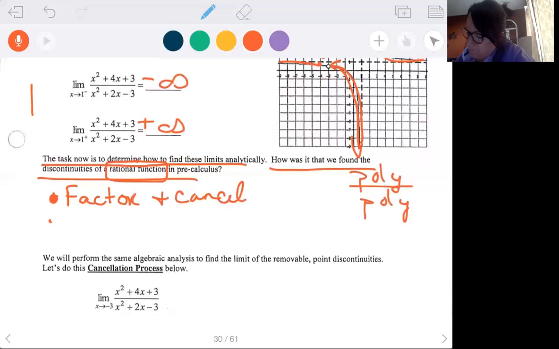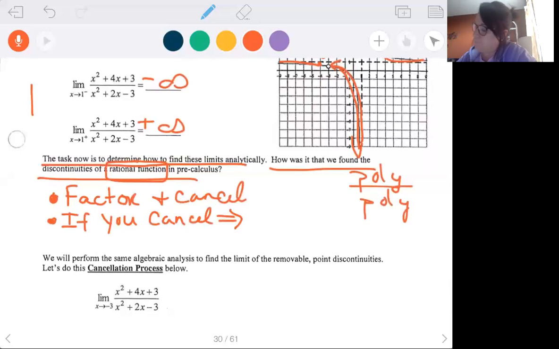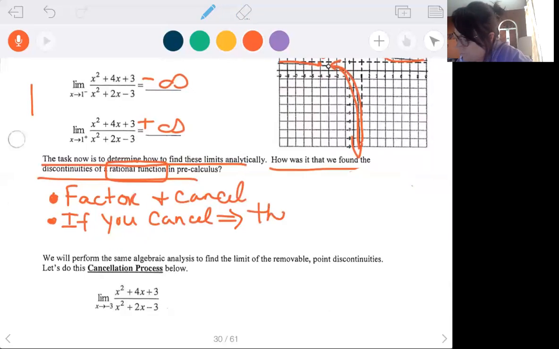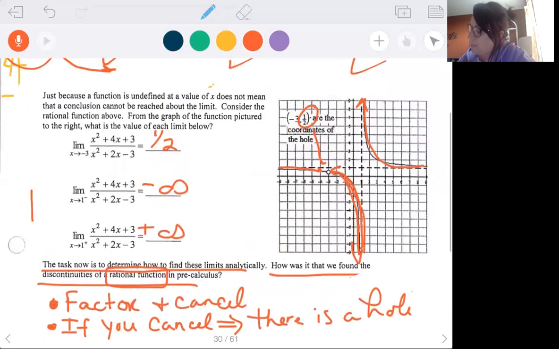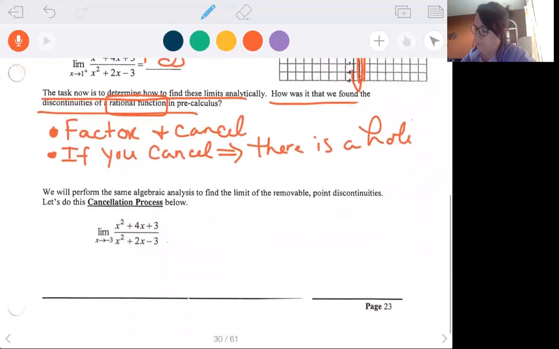If you cancel, this implies that there's a hole in the graph. Watch. The hole here was located at -3, 1/2. Keep that in mind.